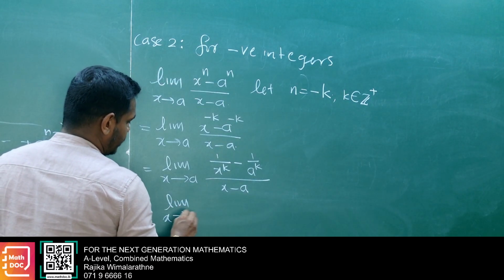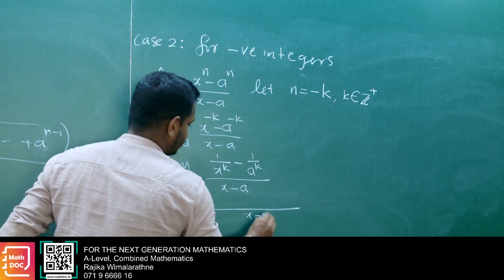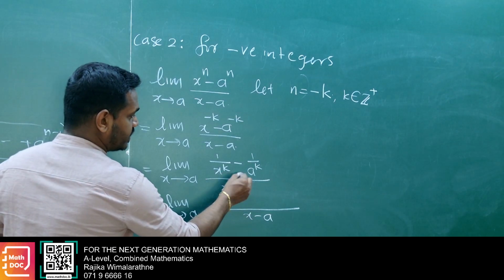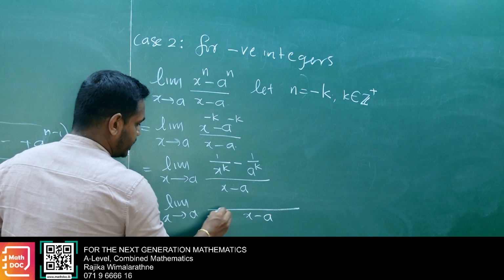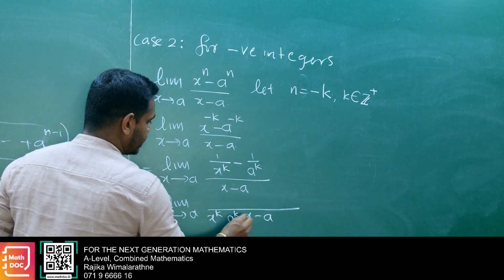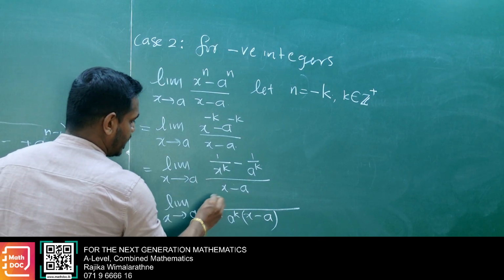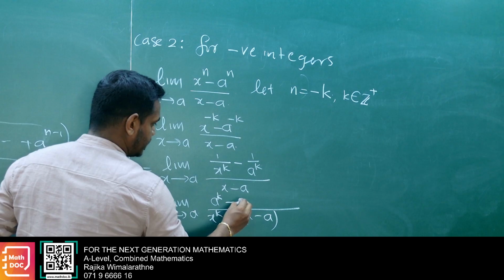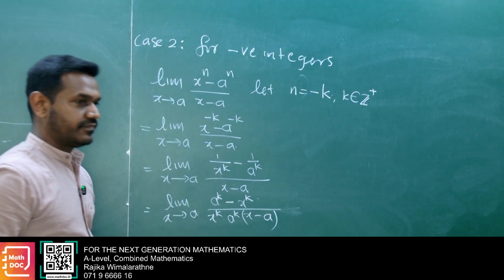Limit x goes to a, with x minus a in the denominator, and take common denominator; that goes again downstairs, x to the power k, a to the power k, and here this goes to a to the power k minus x to the power k on the other side. Here it is now.